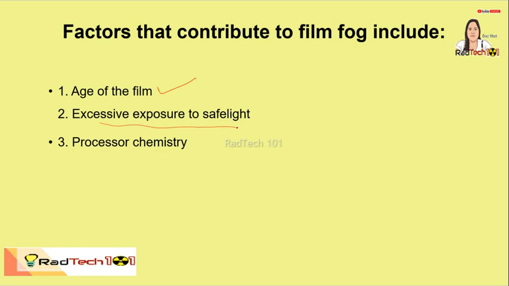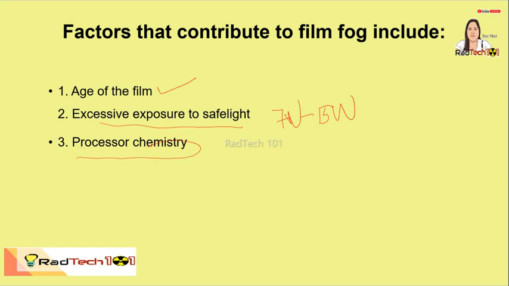Excessive exposure to safe light. If our safe light wattage is too high, it can also result in unnecessary exposure, which will result in additional fog. The safe light wattage should be between 7 to 15 watts only.